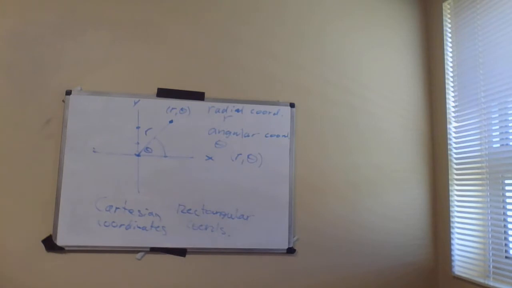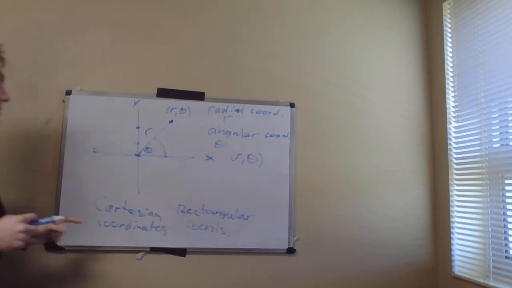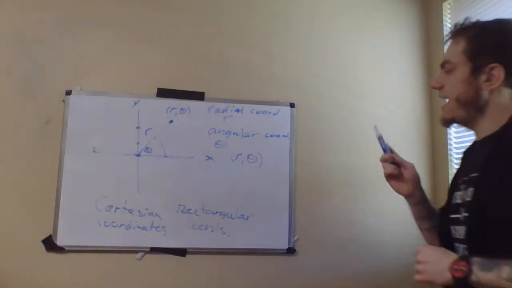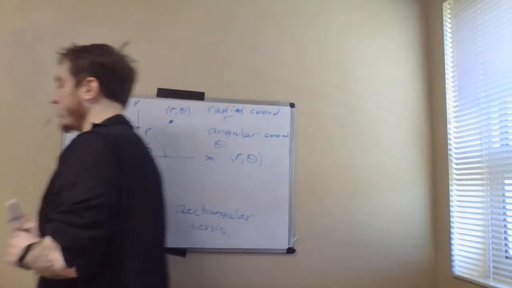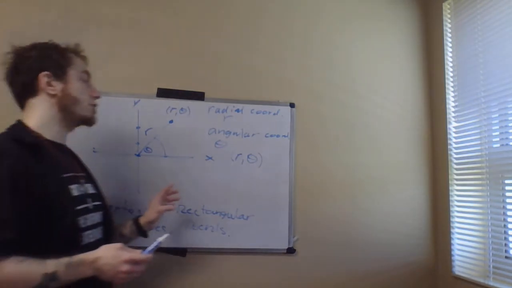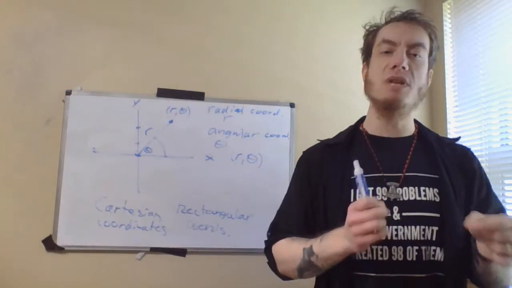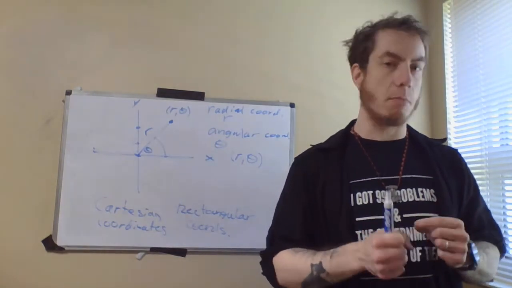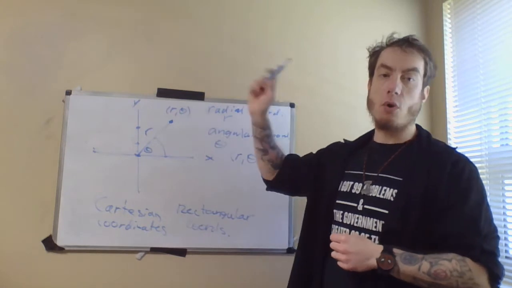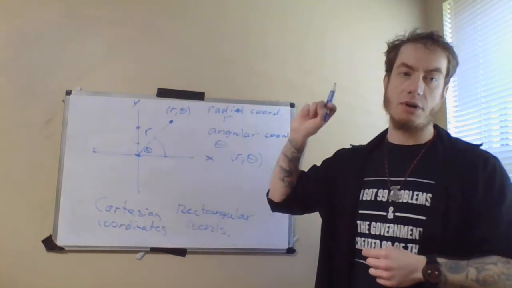But there are a couple of complications that we don't get when we're talking about Cartesian coordinates or rectangular coordinates. One of the things that we lose when we go to polar coordinates is that with Cartesian coordinates, every point can be uniquely expressed by one pair of numbers. If I give you a single point, you can only express that in Cartesian coordinates one way.